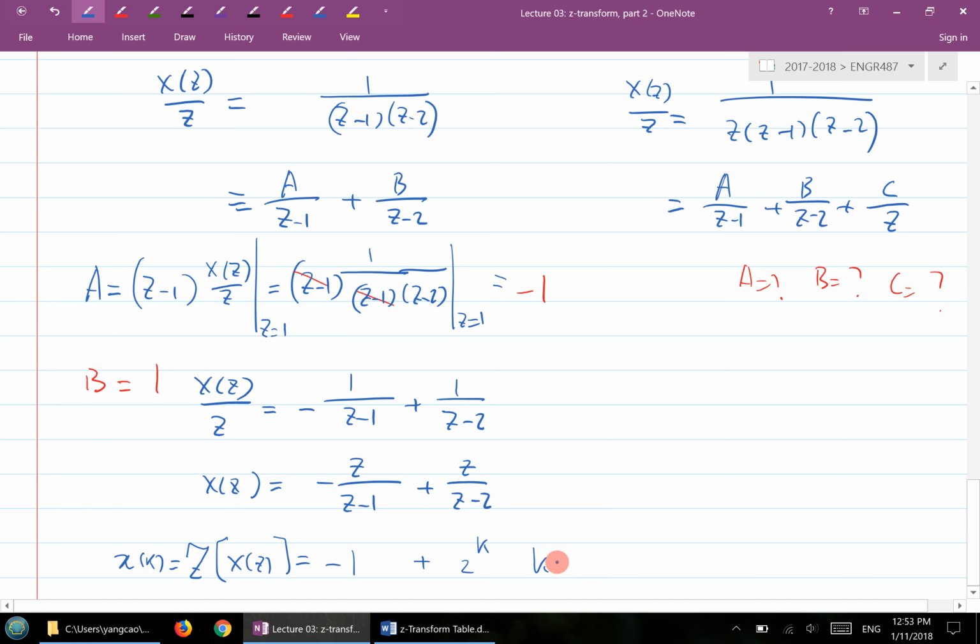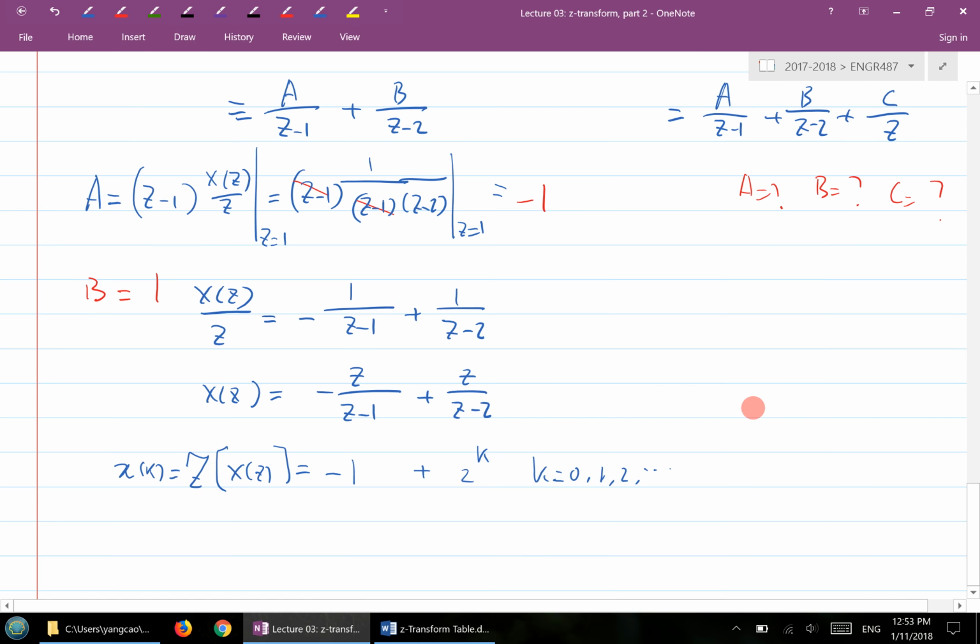And k starts from 0, 1, and 2, like that. Is that clear? That's a very simple one in terms of partial fraction expansion, working on the scenario when poles are all distinct real.